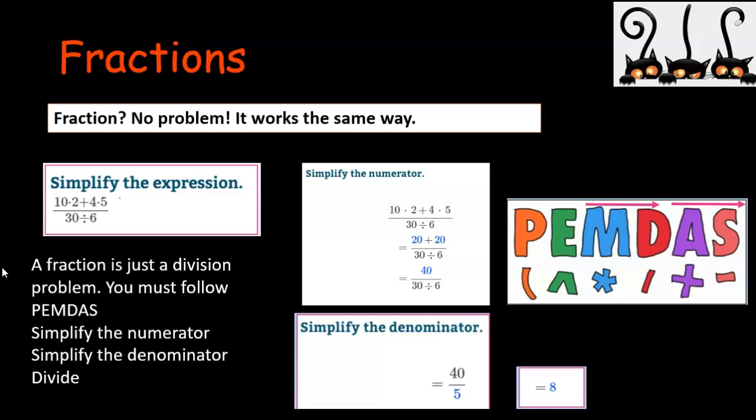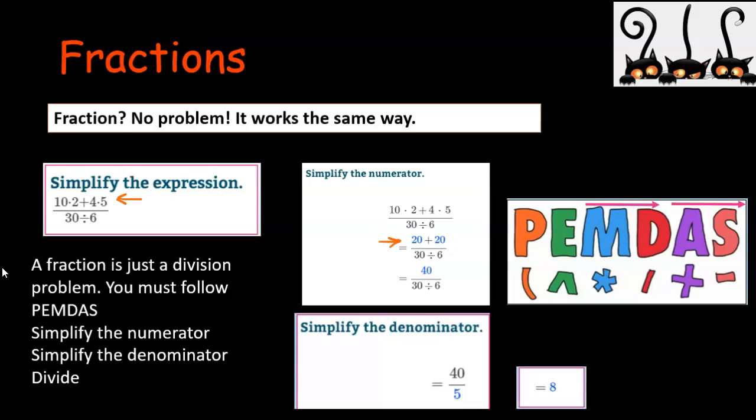So we have to do what's in the numerator first. We have to simplify that. So we're going to multiply our 10 times 2 and our 4 times 5, and we get 20 each. That's shown over here. Okay? And then we put it all over our denominator, which is 30 divided by 6.